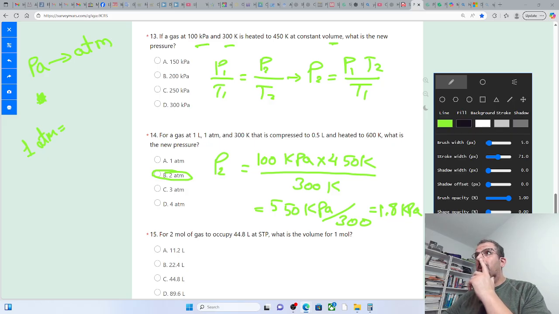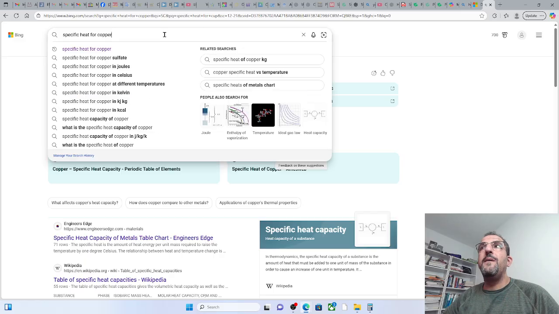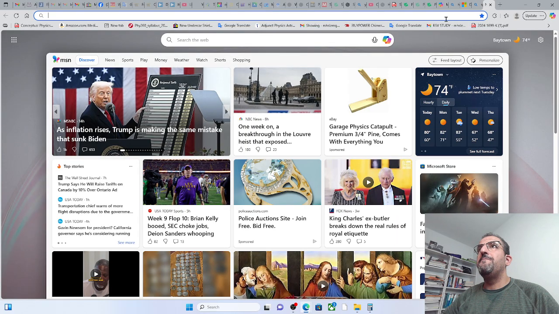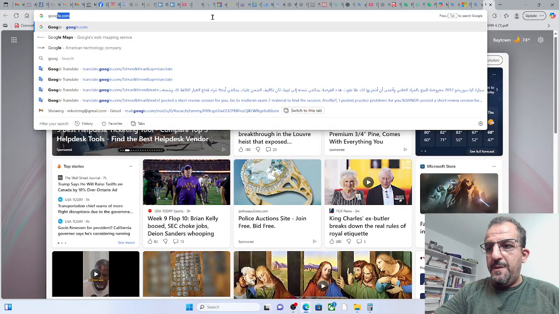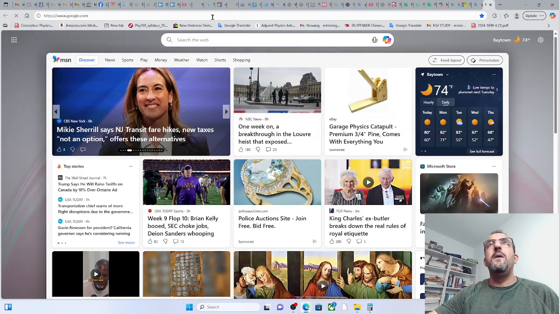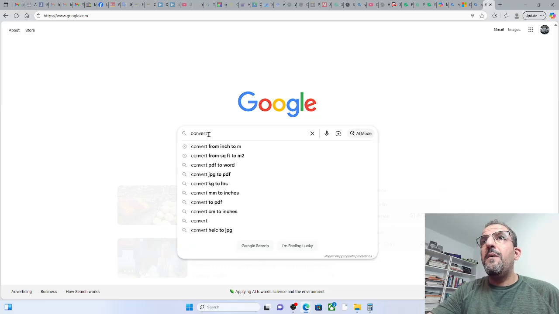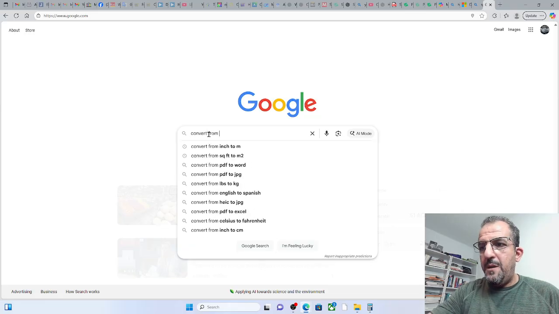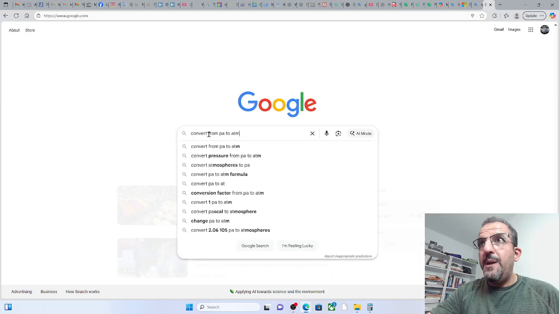We need to convert from Pascal to atmosphere. I don't have it in my mind right now, so I think the good idea is to look it up.